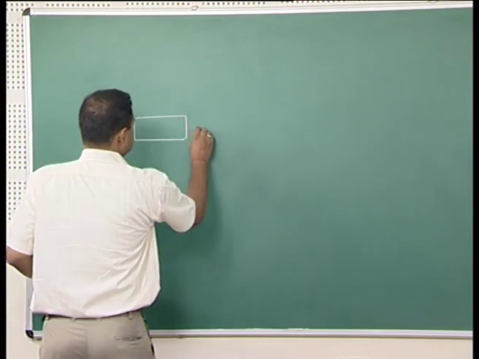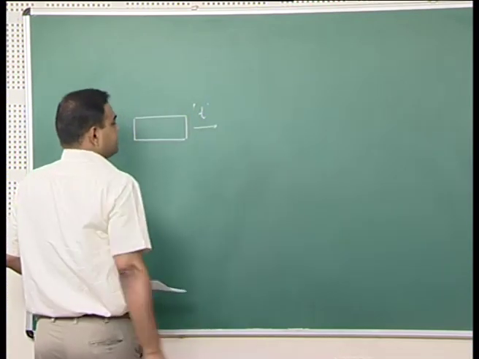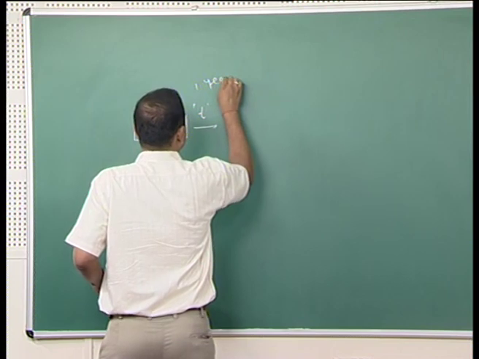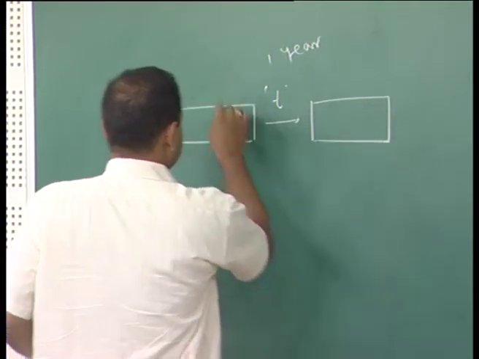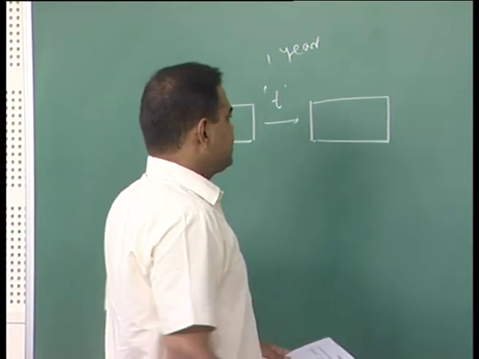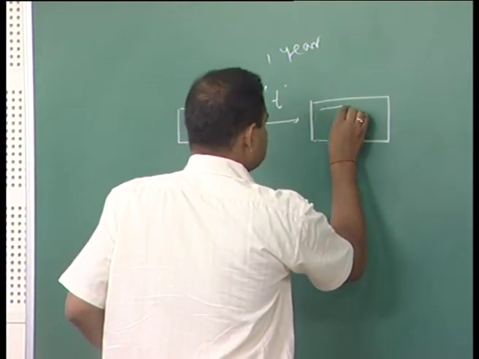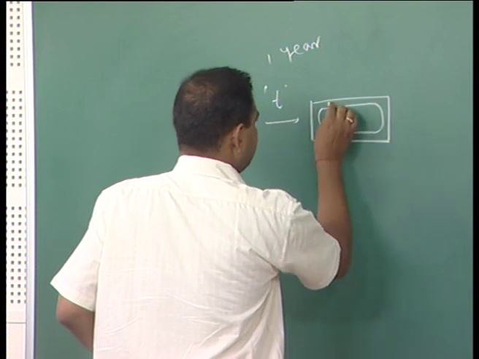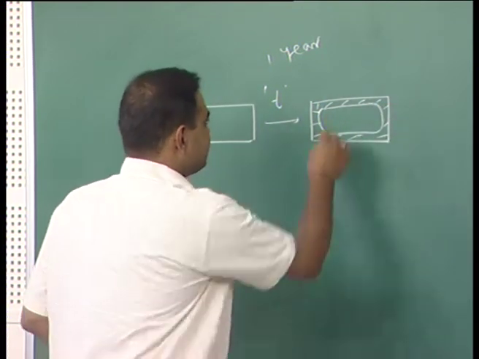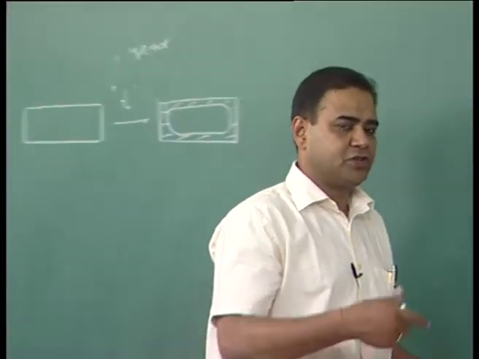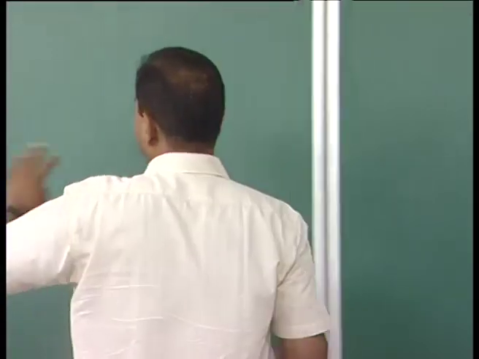After some time, let us say 1 year, if it is exposed to the environment, you will see that the material has lost some of the material from the outer surface. The hatched part is already lost, dissolved or eroded due to some reason.